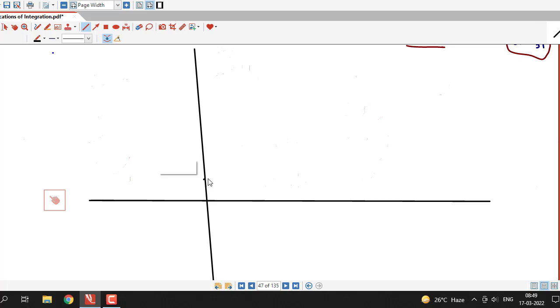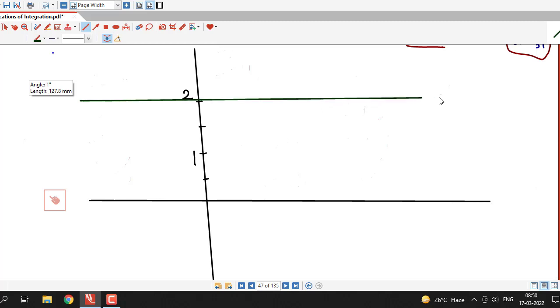Suppose this much distance is 1. This is 1.5, and we will have 2 somewhere here. So our line y equal to 2 is the line parallel to the x-axis passing through this point.